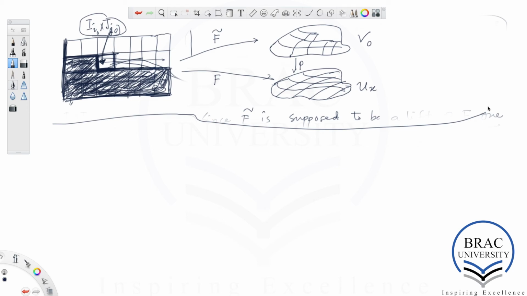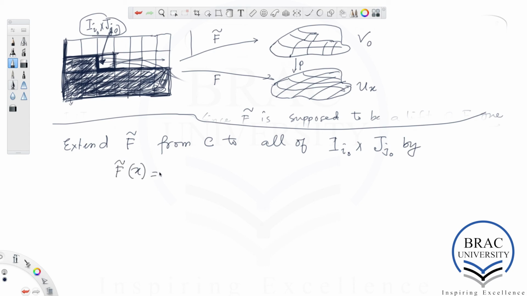Now it's time to define, or extend, f tilde from the union of these two edges, which is C, to all of the rectangle I sub I0 cross J sub J0 by the following definition.